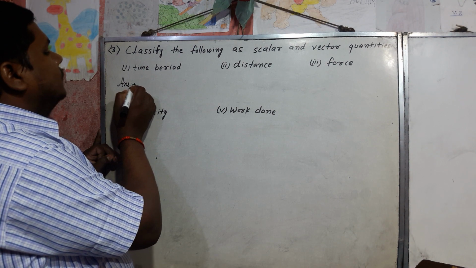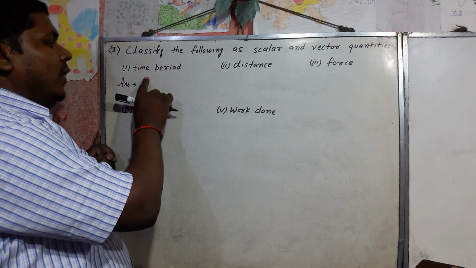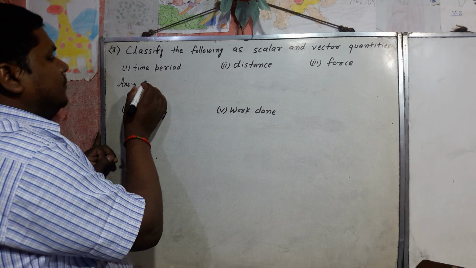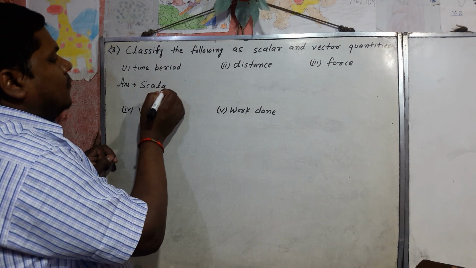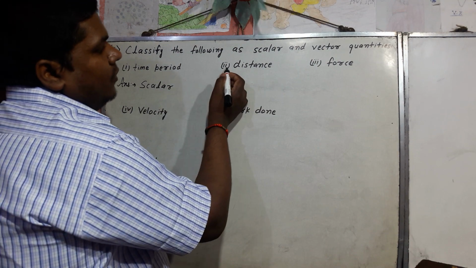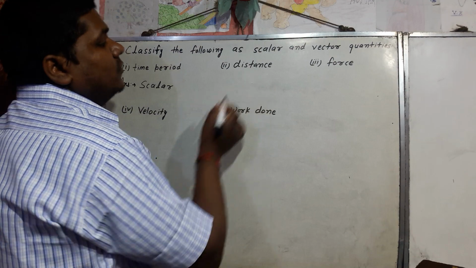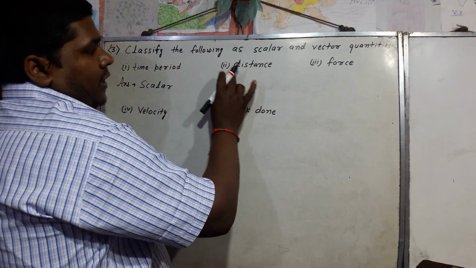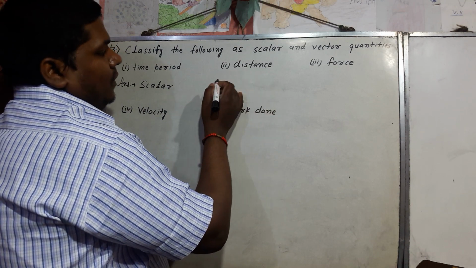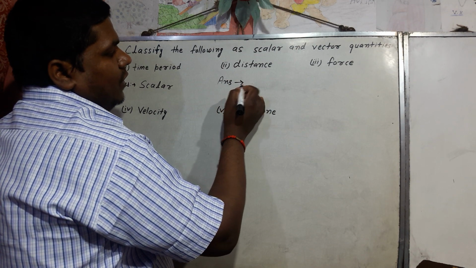Number 2, distance. The given quantity has only magnitude, so it is a scalar.